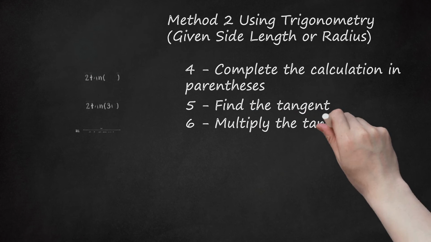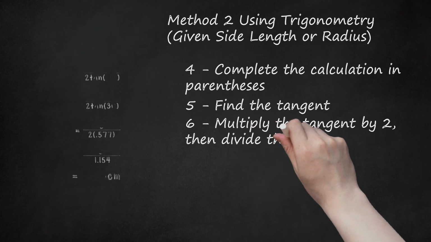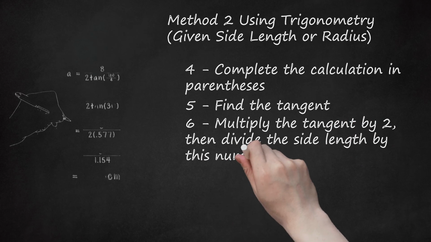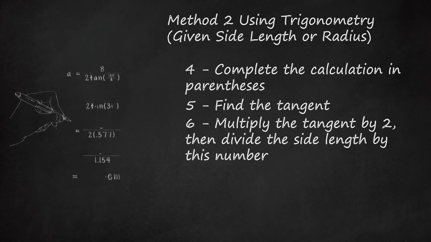6. Multiply the tangent by 2, then divide the side length by this number. This will give you the length of the apothem of your hexagon.